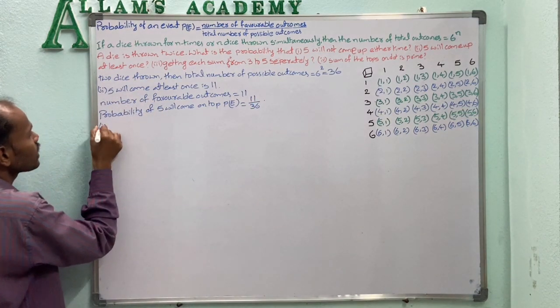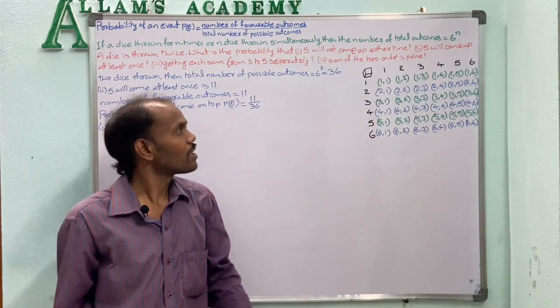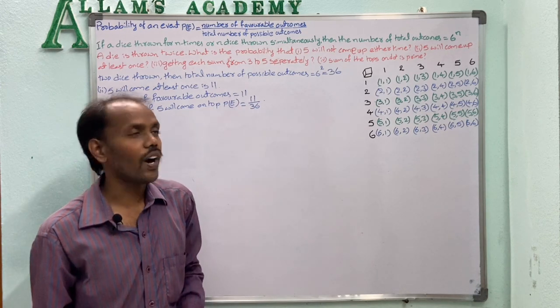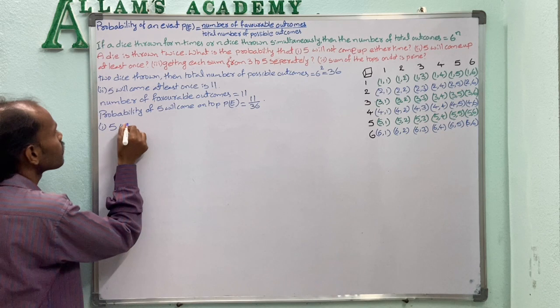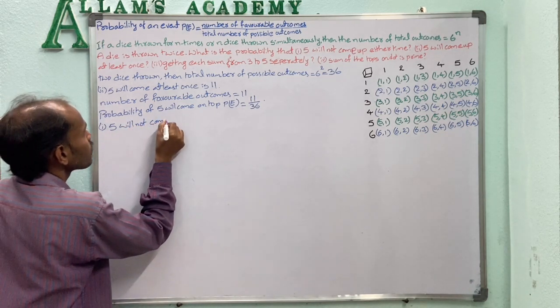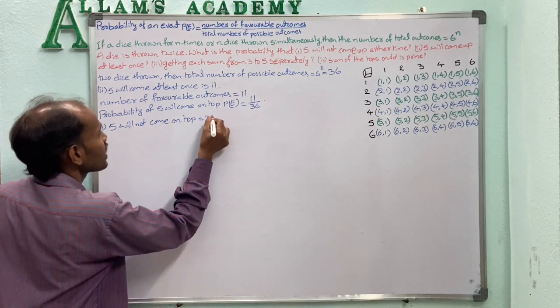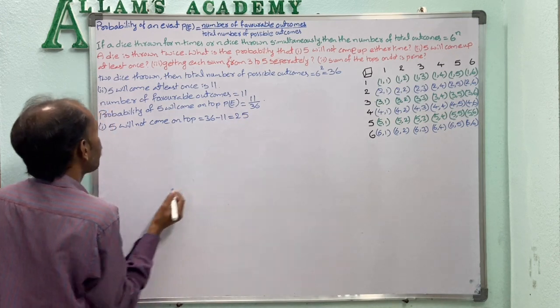Now the first question's answer, 5 will not come up either time. So in that 36, 11 times 5 is coming. That means 5 will not come on top in 36 minus 11, which is 25.